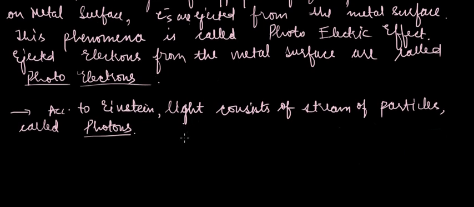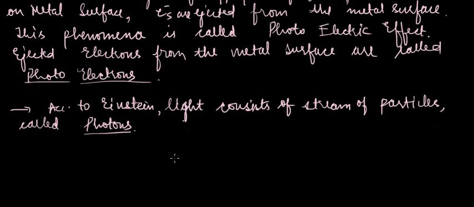Okay, and another point is that the energy of incident photons is the minimum energy required to eject electrons from the metal surface plus the kinetic energy of the ejected electrons.